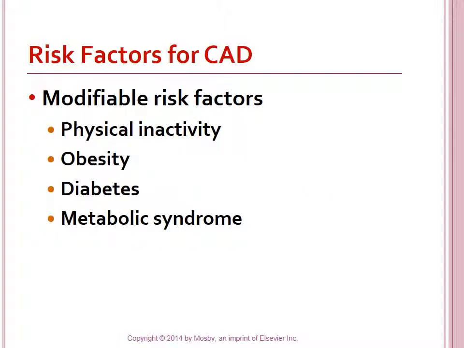So physical inactivity is the fourth major modifiable risk factor. Physical inactivity implies a lack of adequate physical exercise on a regular basis. An example of health-promoting regular physical activity is brisk walking, so 3 to 4 miles per hour for at least 30 minutes, 5 or more times a week.